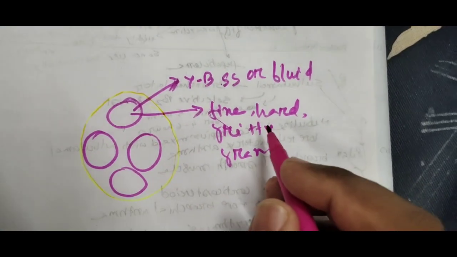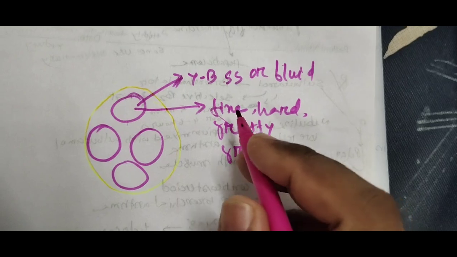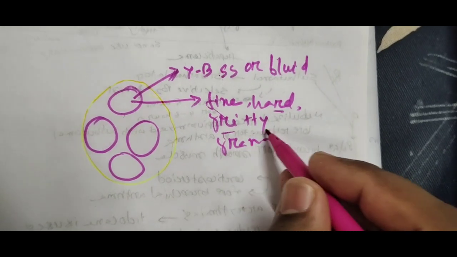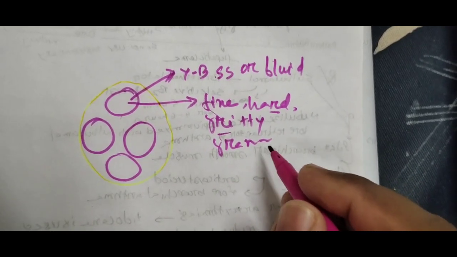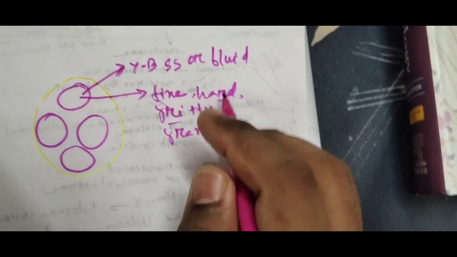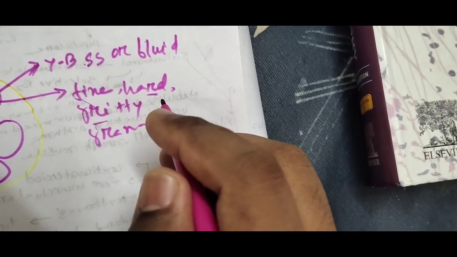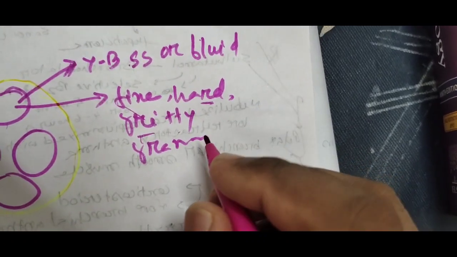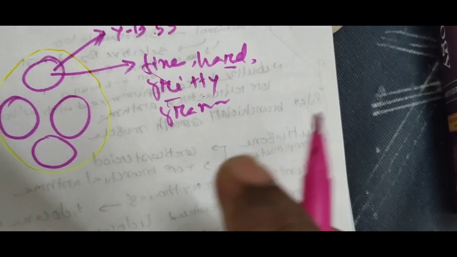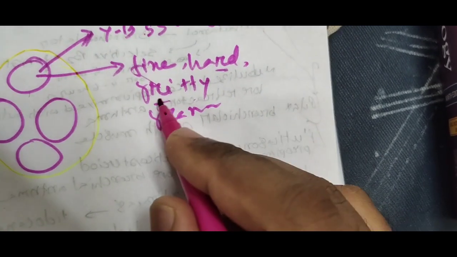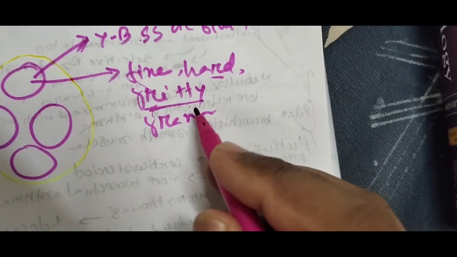Fine means smooth, small particles, and hard and gritty. Gritty you can relate to sand, or even to plaster after it dries.